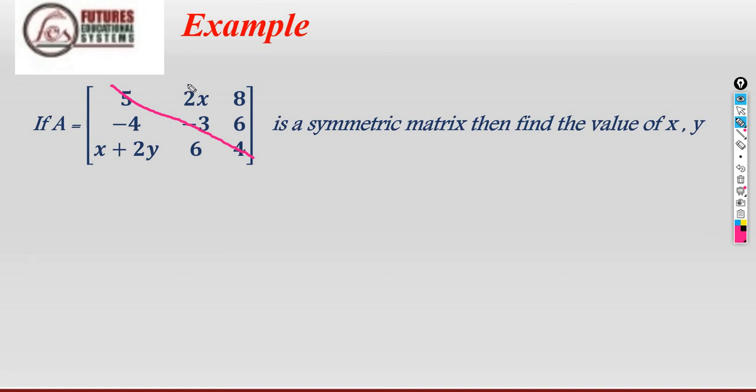In this case, 2x equals -4 because it's a symmetric matrix. Solve the equation of the first degree in one variable, divide both sides by 2, gives me x equals -2. That's the value of x.